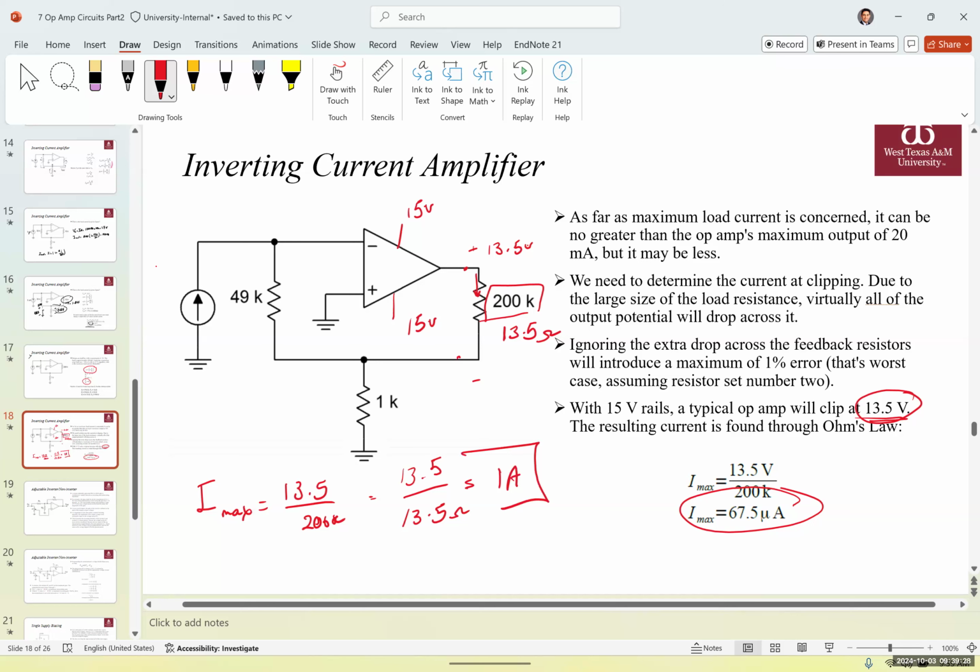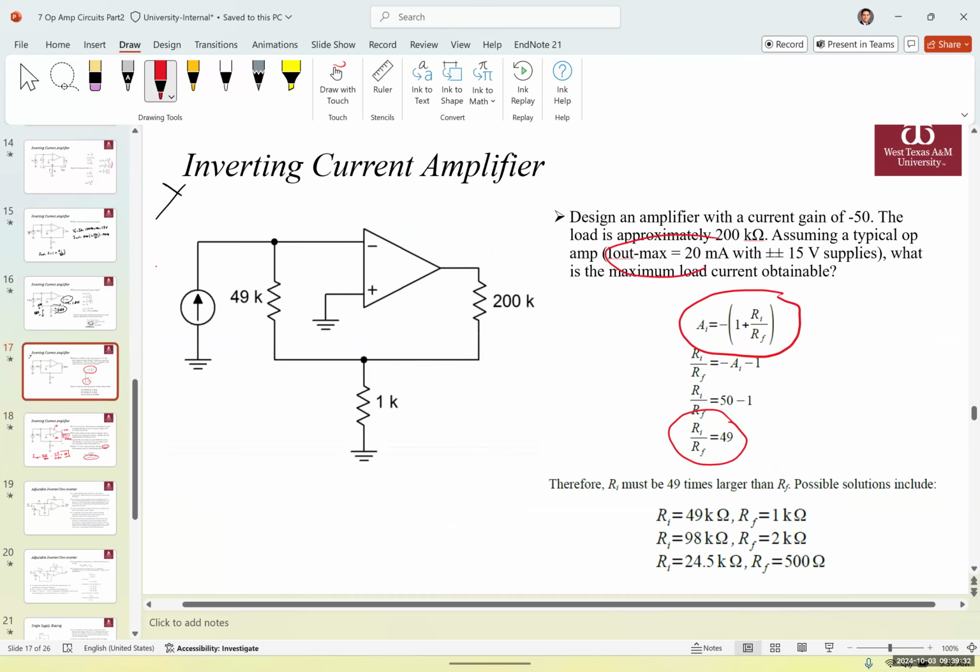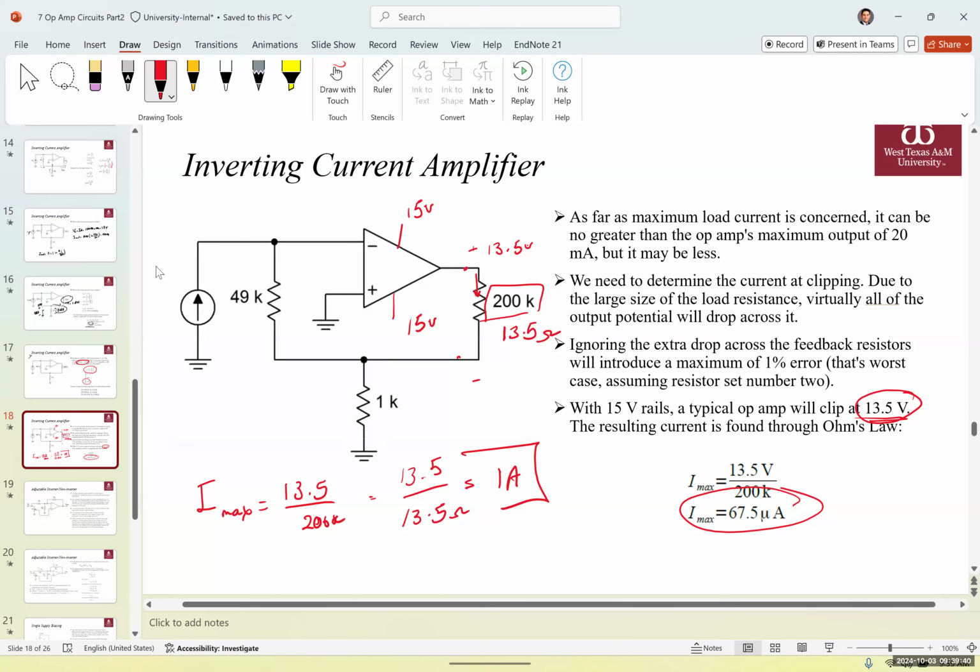The maximum current that this op-amp could reach is 20 milliamps, so that's 50 times the maximum current that it could actually deliver. Therefore, you're going to have a saturated current and you're not going to reach the full potential of the system.